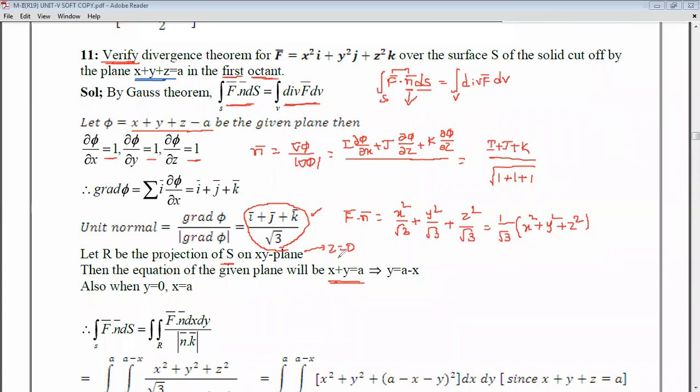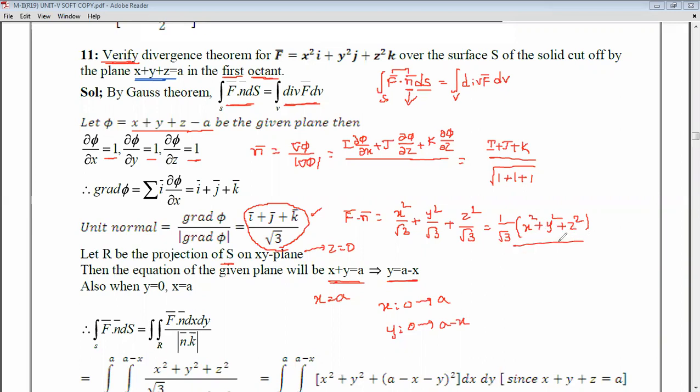Now we require the limits of x as well as y. So y is equal to a minus x. For getting the x limits, we put y as 0, then x is equal to a. So the limits are x from 0 to a and y from 0 to a minus x. Got it, all those things.